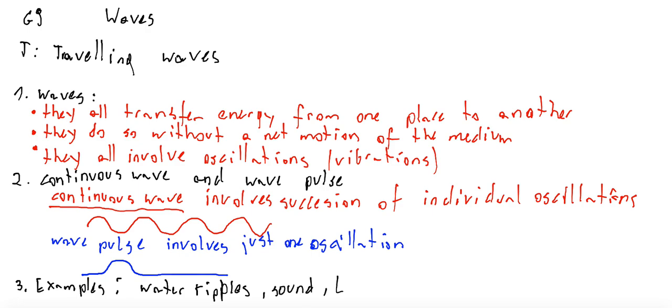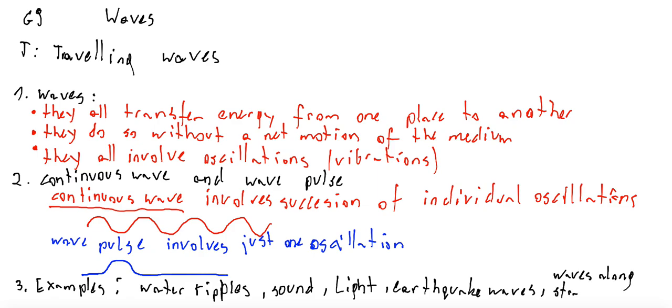Light is a completely different wave, but still a wave. Earthquake waves are also waves. And waves along a stretched rope. All are waves.